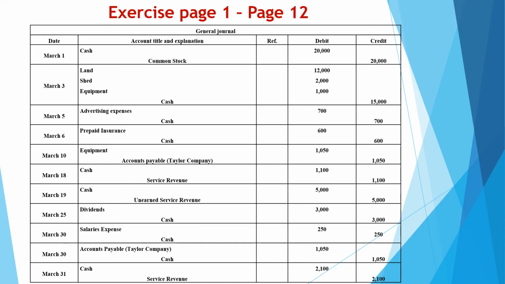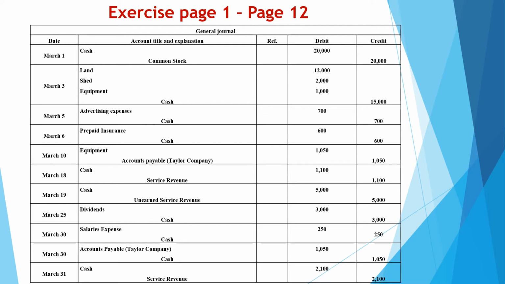So when it is increased, we have to record it in debit. Regarding common stock, when we sold common stock to the market, the common stock would increase. And the common stock is a capital account which has a credit normal balance. So when the common stock increased, it should be recorded in credit. So in this case, we have cash in debit for $20,000 and common stock in credit for $20,000.